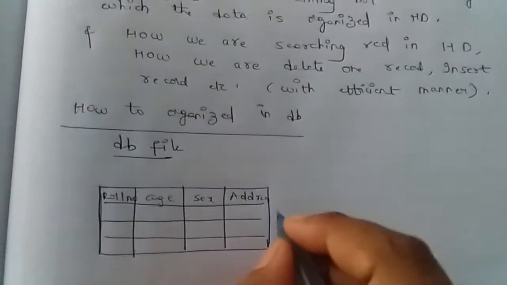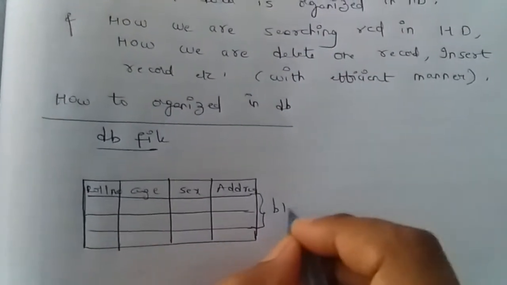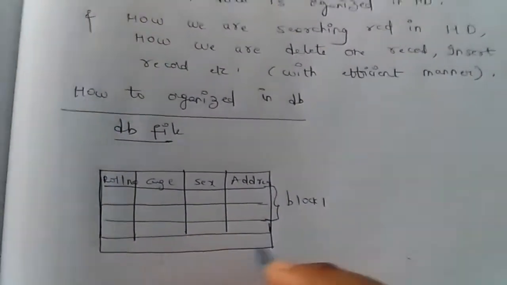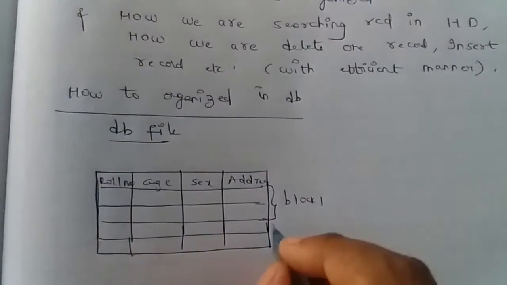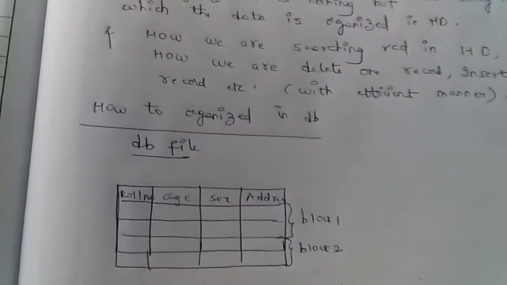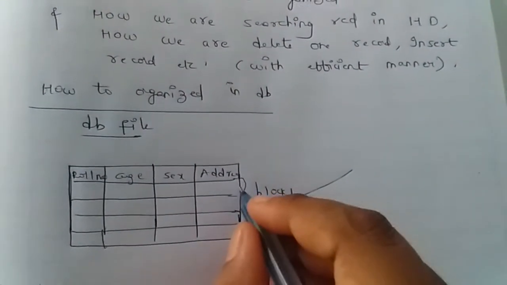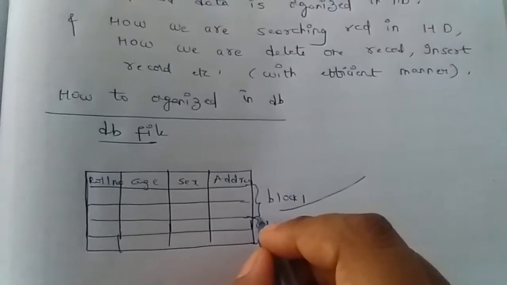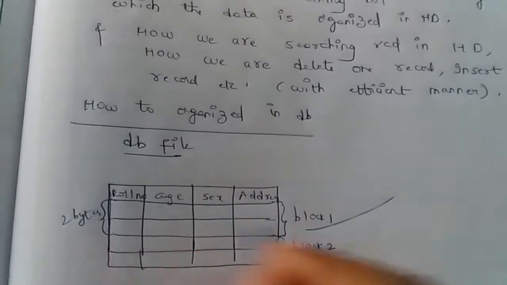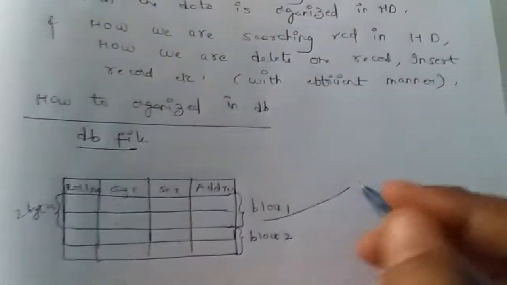We have divided it into blocks. This is block 1, and the next two are block 2, and so on. We are storing 2 records. Block 1 contains 2 bytes. This is the first byte, this is the second byte.